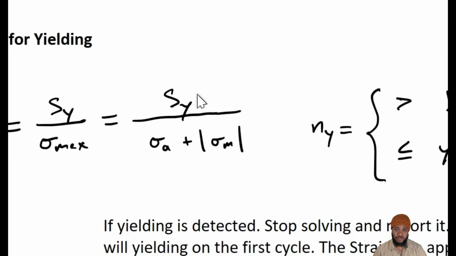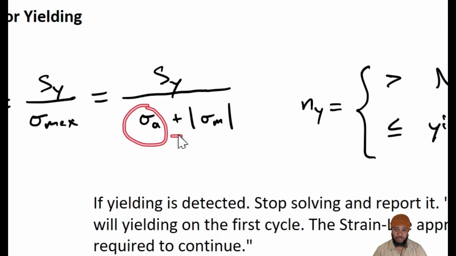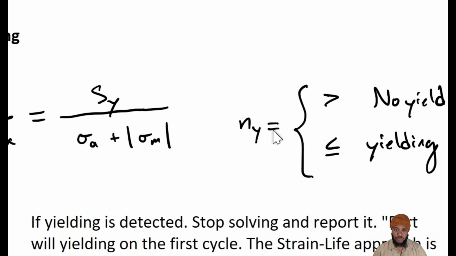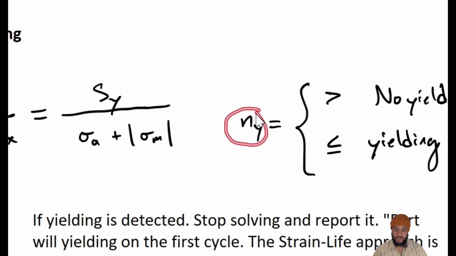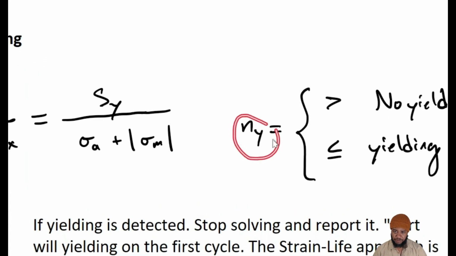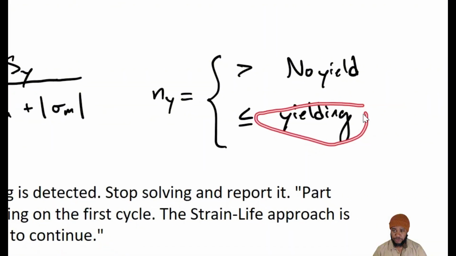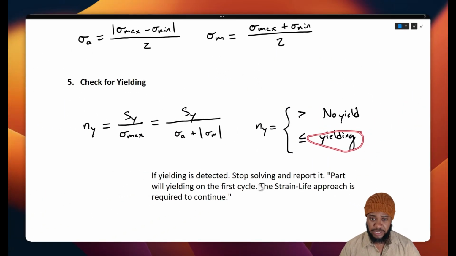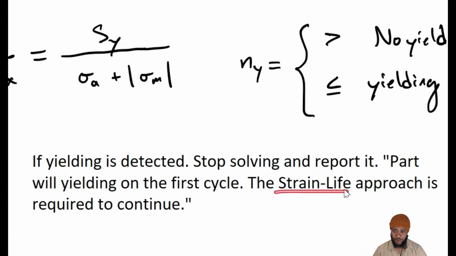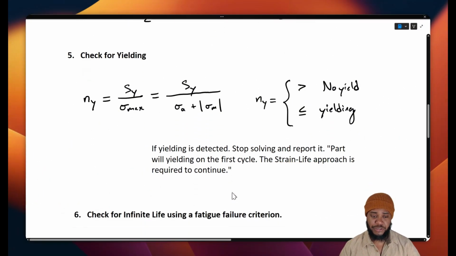This is also equivalent to the yield strength divided by the stress amplitude plus the magnitude of the mean stress, where if our safety factor against yielding is greater than 1, no yielding occurs. And if our safety factor for yielding is less than 1, then yes, yielding will occur in our material. We stop here and we say the strain life approach is required to continue. That is our first check.